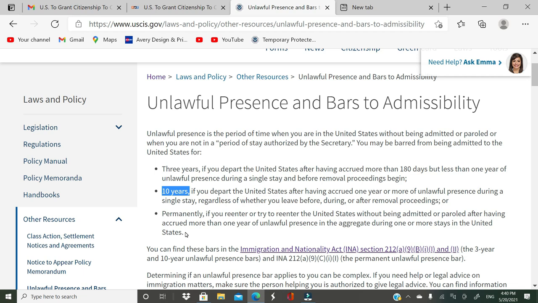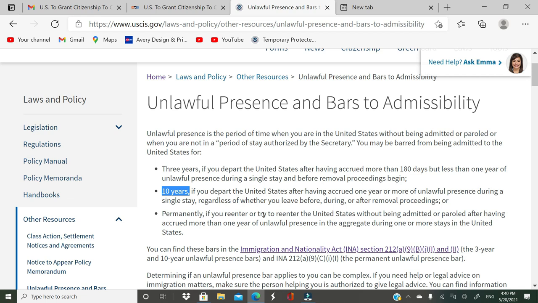So it simply means this: you get in the US with a visitor visa, and then the visitor visa expires. Remember, with the visitor visa, if you have 6 months, it simply means that you have to get out after 6 months and come back. But let's say you didn't respect that, the person stays for 1 year or more, and then they get out.